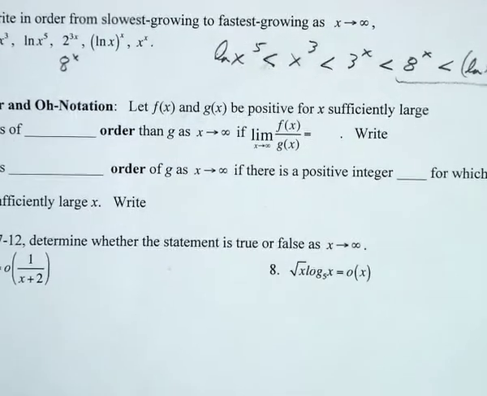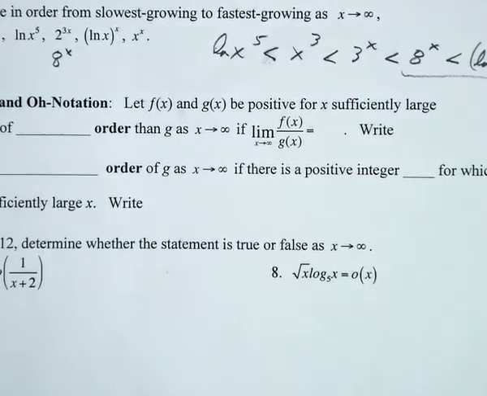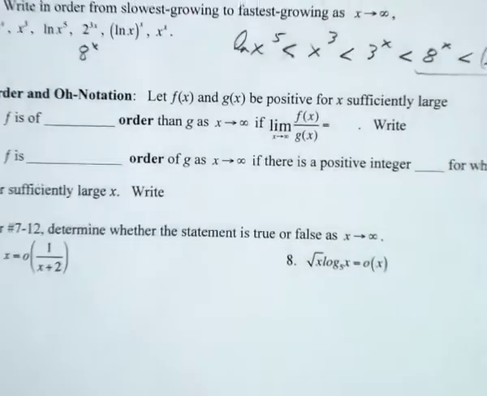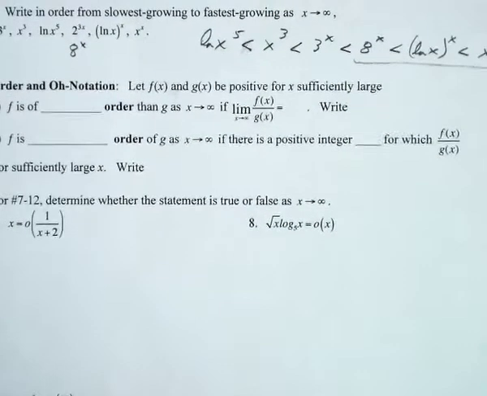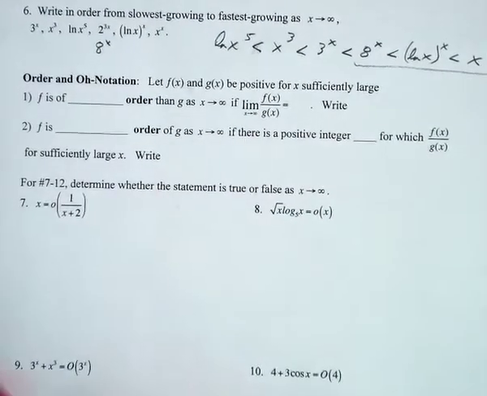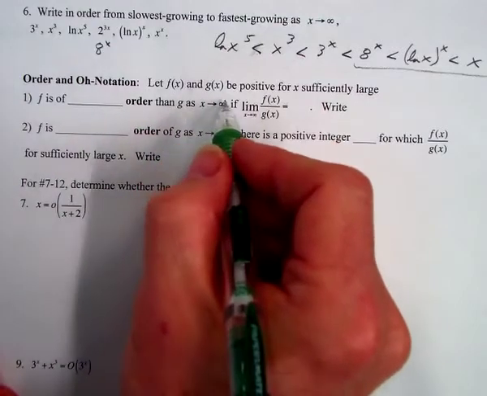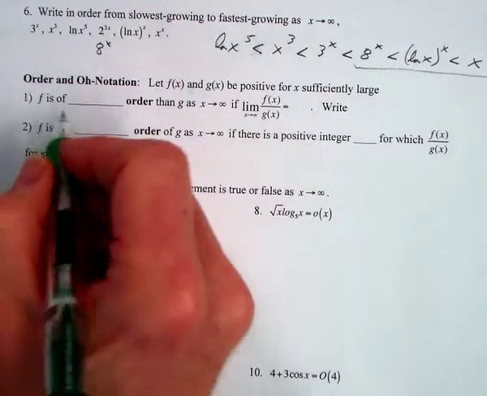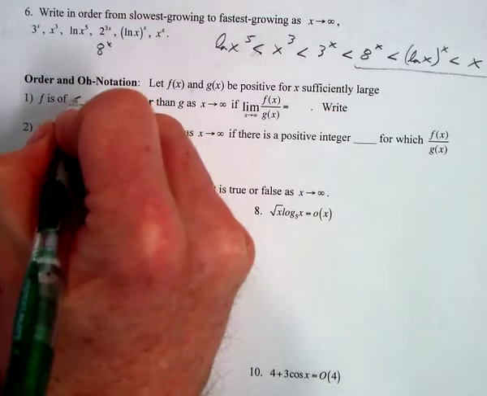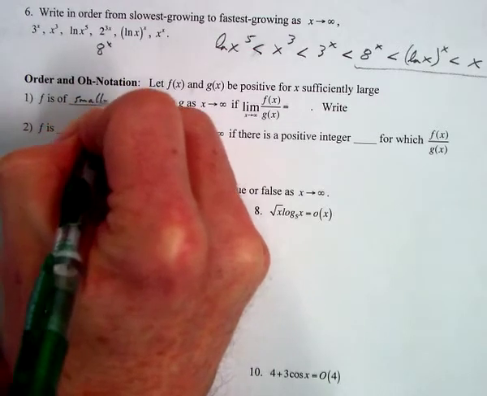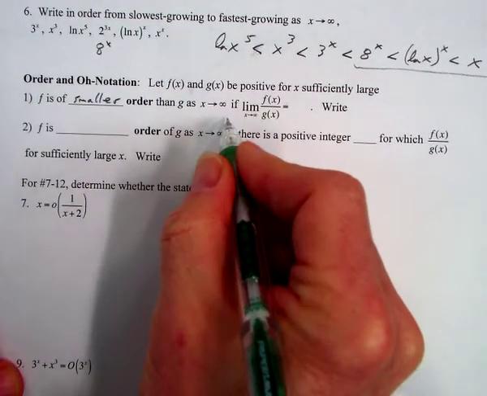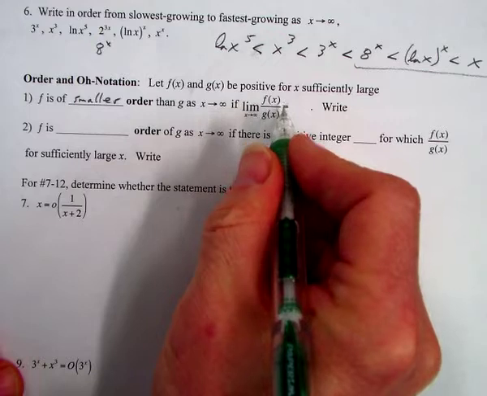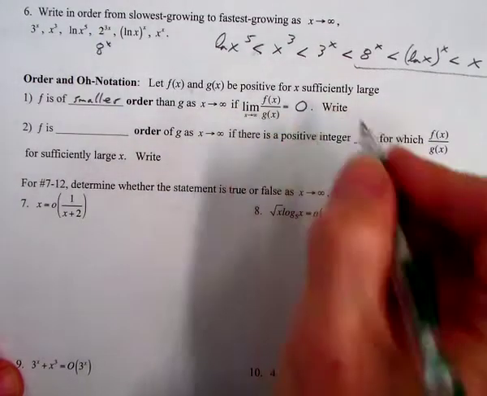All right. Big O order and big O notation. Make sure you can see that. Let f of x and g of x be positive for x sufficiently large. Then f is of smaller order than g as x goes to infinity if the limit of f over g equals 0.